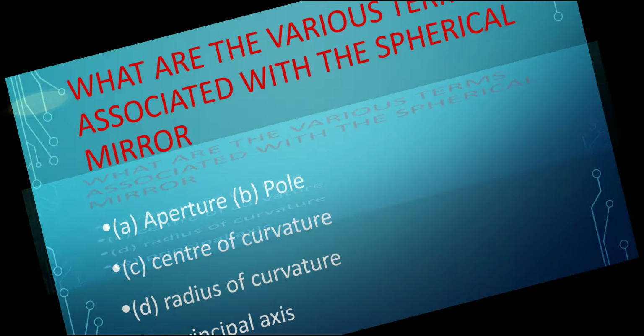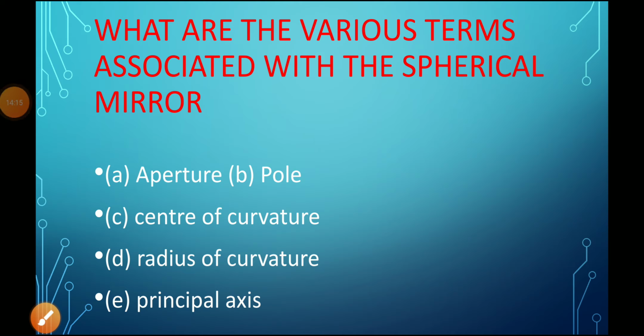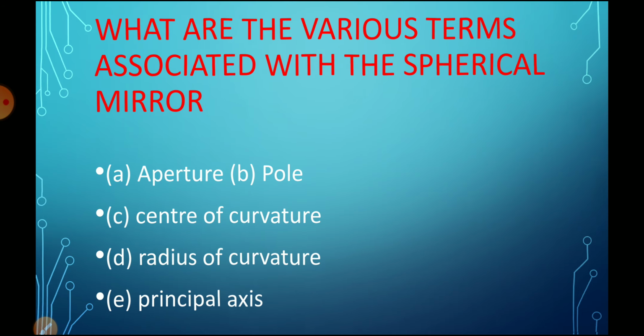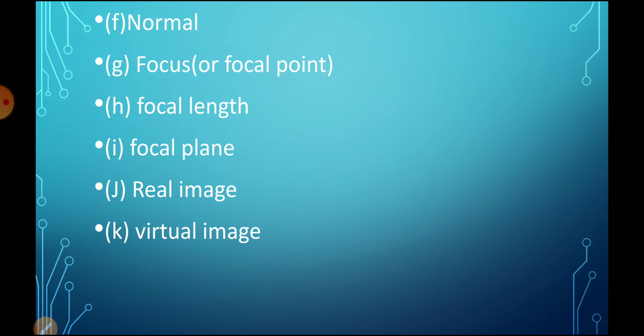First point, aperture. Second, pole. Next, C, center of curvature. D, radius of curvature. E, principal axis. Normal, focus, focal length, focal plane, real image, virtual image.